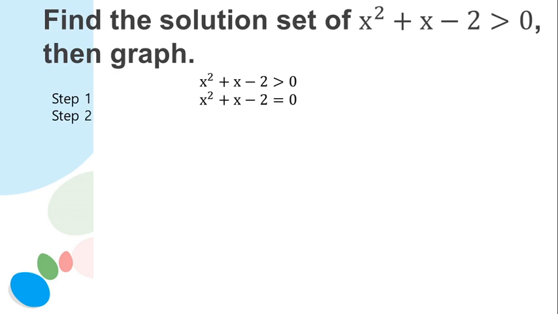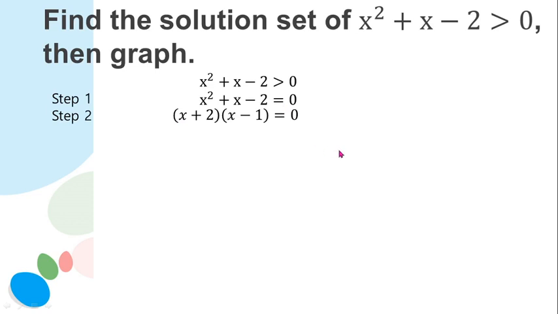But of course, it depends upon the kind of quadratic equation. So in this particular equation, we can make use of the factoring method. So we are going to factor x squared plus x minus 2 is equal to 0 as x plus 2 times x minus 1 is equal to 0.